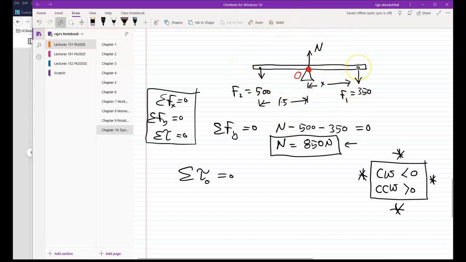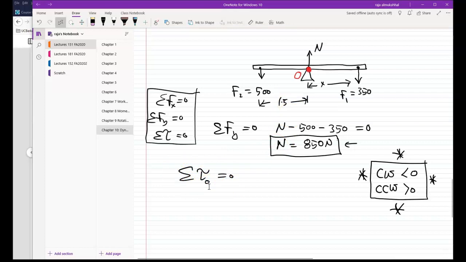Well, let's go back to the 350. When it orbits about O, is this clockwise or counterclockwise? That's clockwise. That's negative. However, look at this 500. 500 is going like that. Is this clockwise or counterclockwise? That's counterclockwise. That's positive.